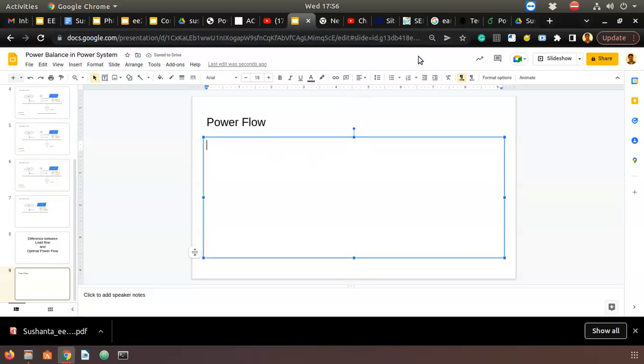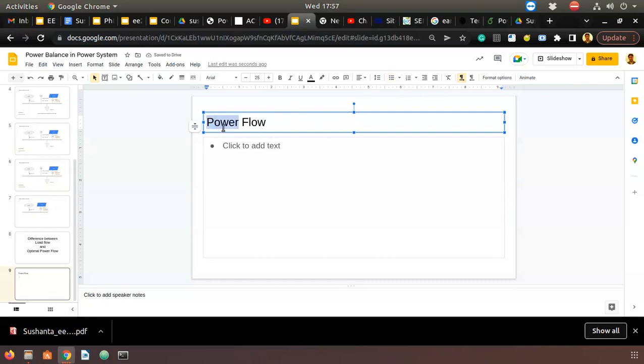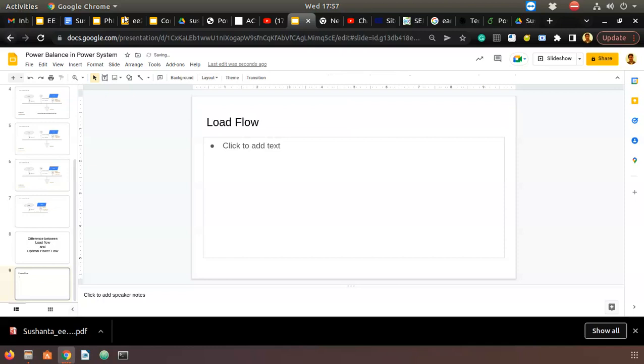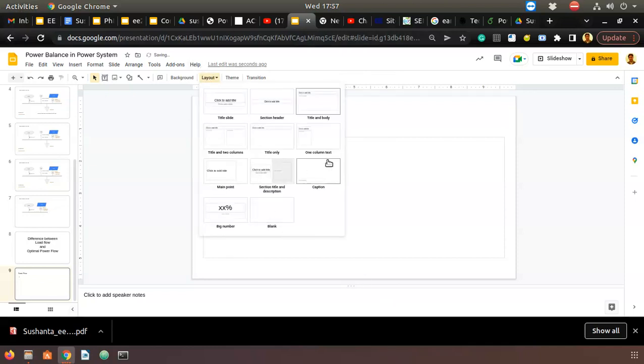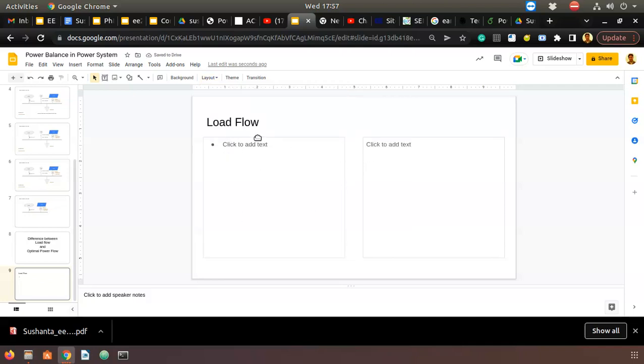You want to answer something on that? Optimal power. So I think load flow. Let's do one thing. So there is a layout. So let's go for two this kind of layout. Okay.